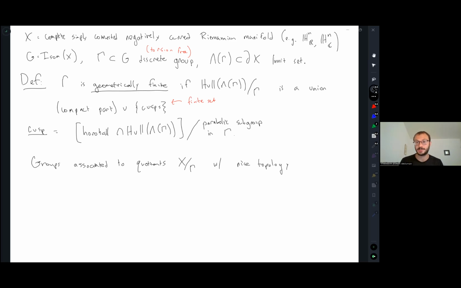We don't want something that has infinitely many ends or anything very complicated like that. And the goal for these two talks is to try and understand these groups a little bit more.